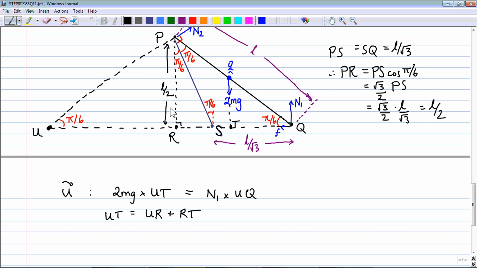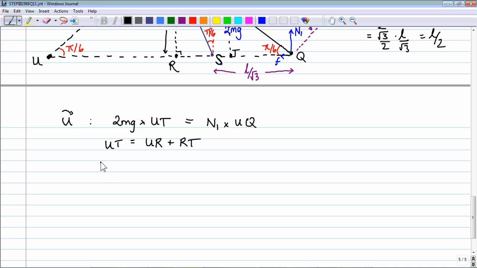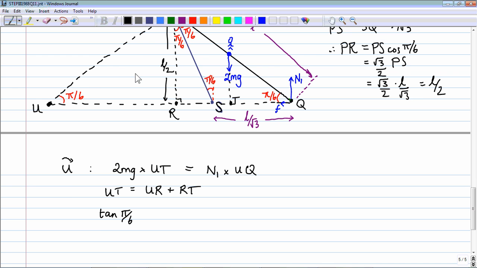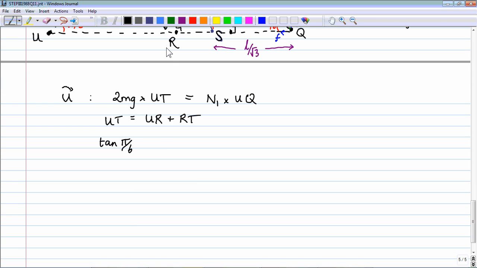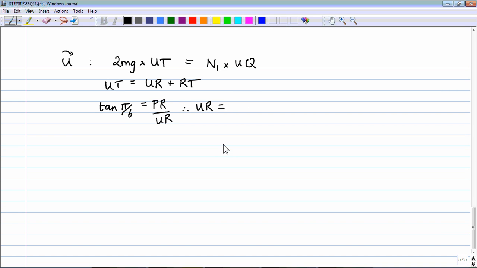Now UR, we can use the triangle UPR. We know this length is L over 2, so tan pi over 6, considering this angle here, must be PR over UR. So UR is PR, which we just calculated as L over 2, divided by tangent pi over 6, and tangent 30 degrees is 1 over root 3.